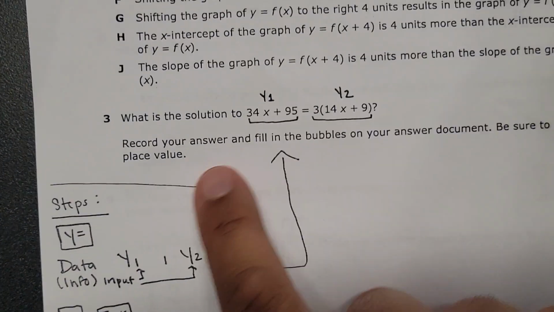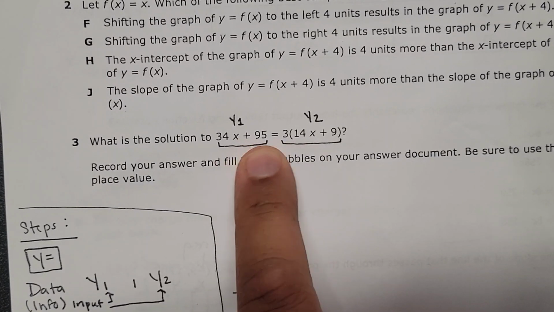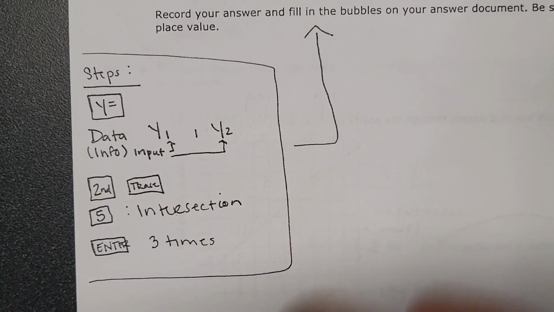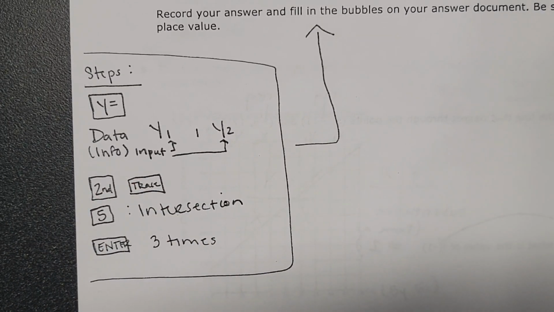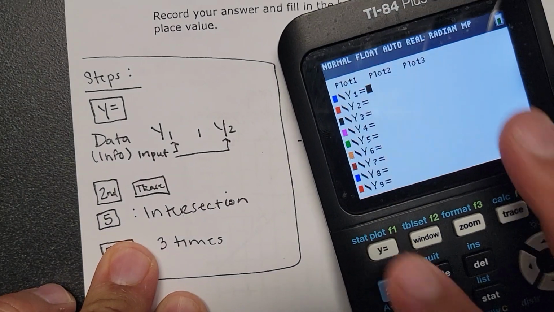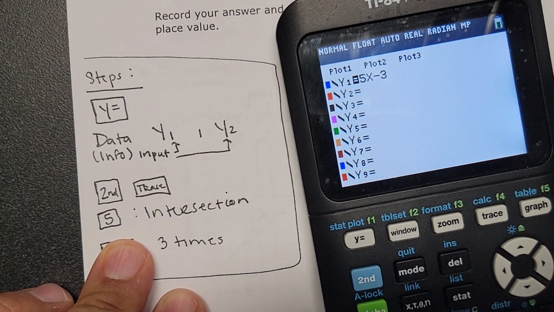All right, next, whenever you have the equal sign in the middle, you're going to use the y1, y2 skills. Here are the steps. So I'll just do an example. You're going to go to y equals, type in your problems, and this is just an example.